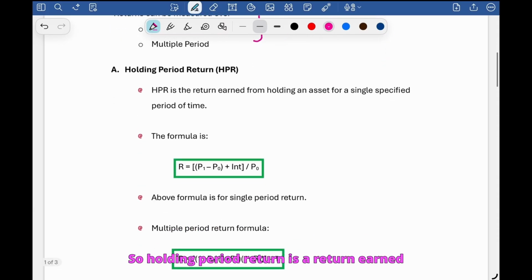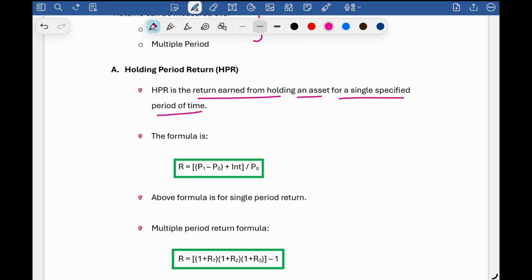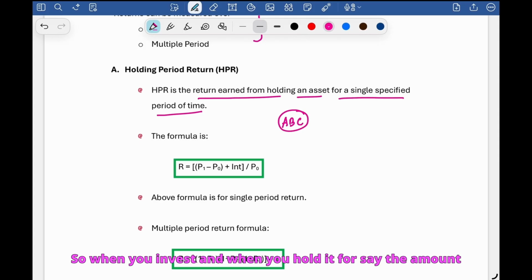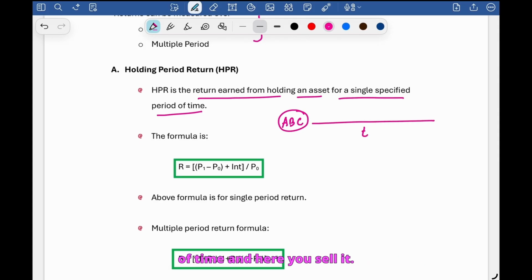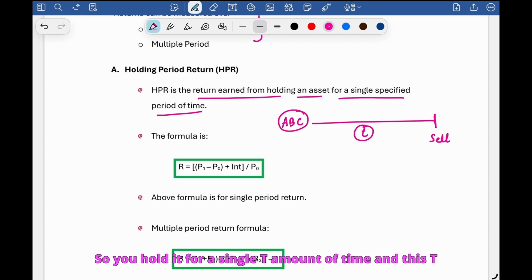Holding period return is the return earned from holding an asset for a single specified period of time. It is pretty straightforward. Say you hold a financial asset called ABC. You have invested in this ABC product, it could be anything, land, shares, anything. When you invest, you hold it for a single T amount of time, and then you sell it.